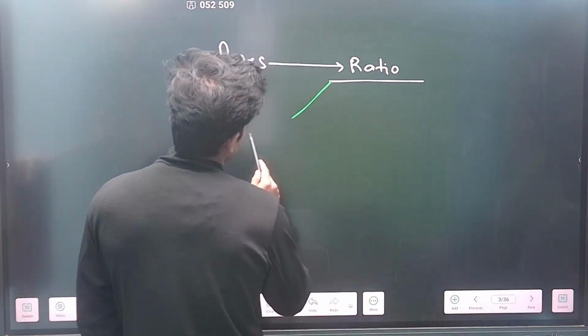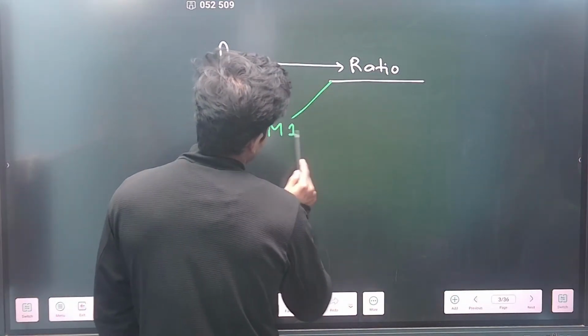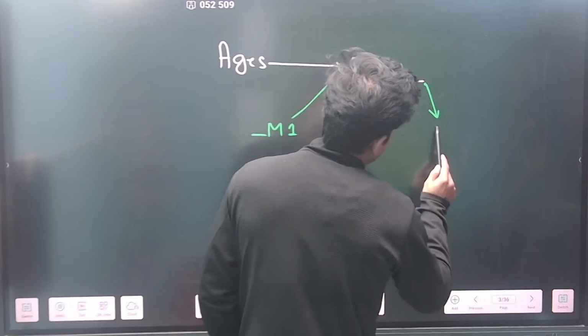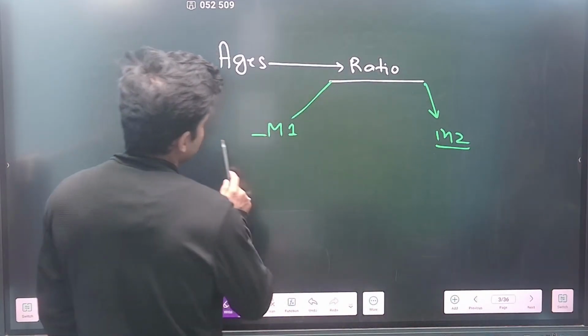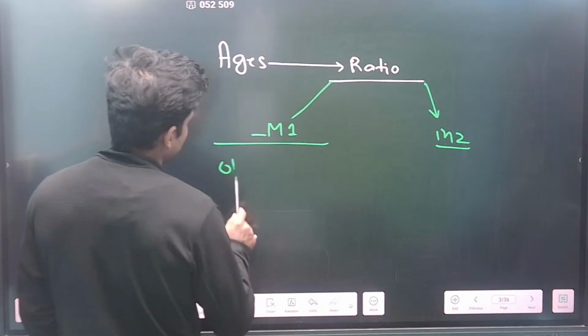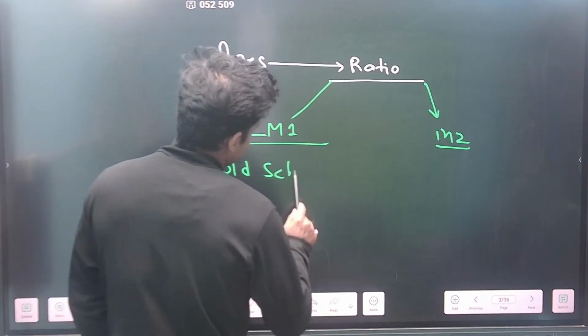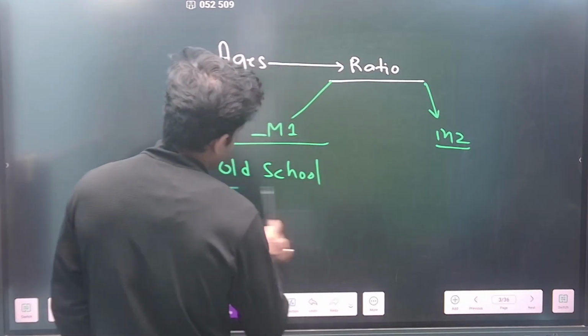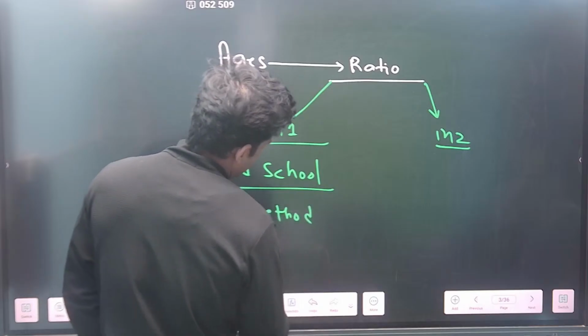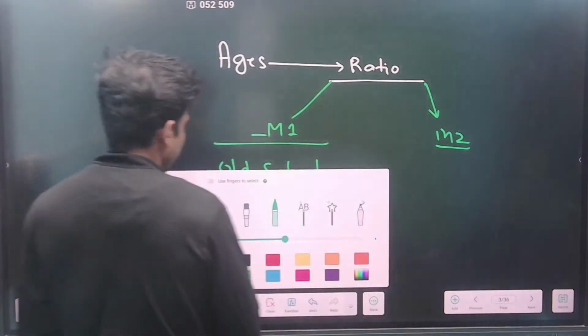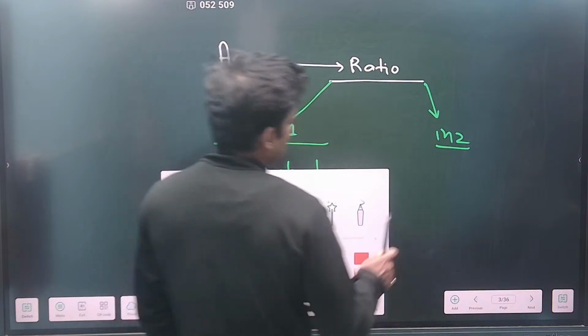First method is method 1, and second is method 2. Method 1 and method 2 are two different things. One is the old school method, okay, I would write old school method. And the second is the Aman mantra approach.